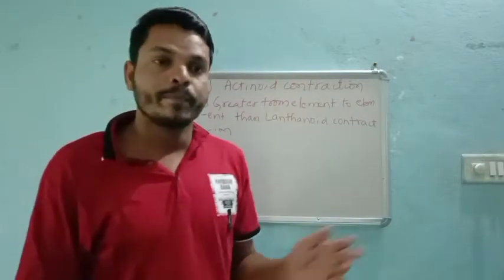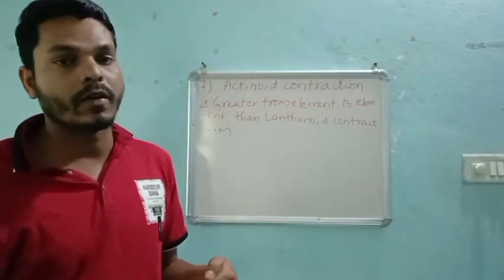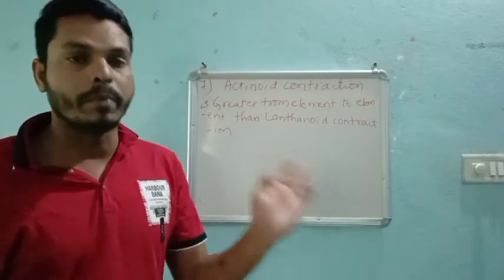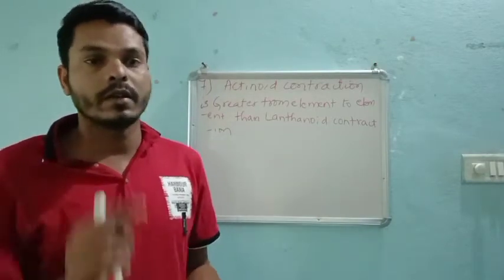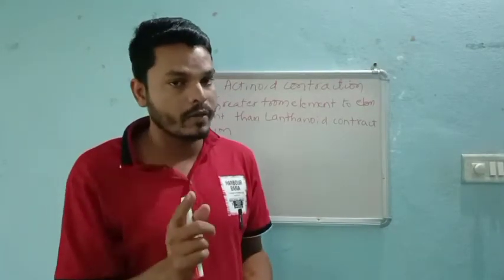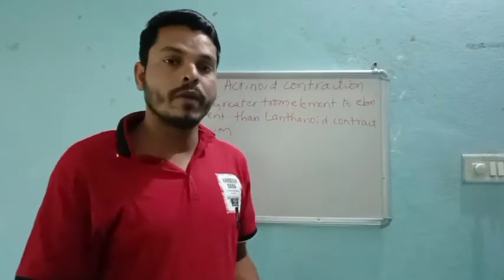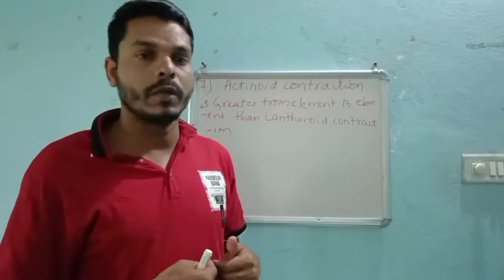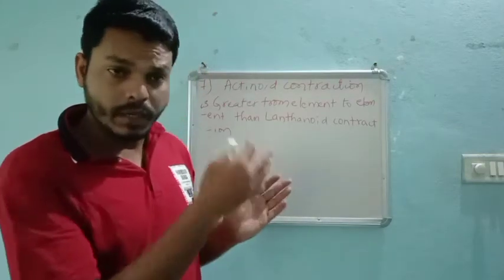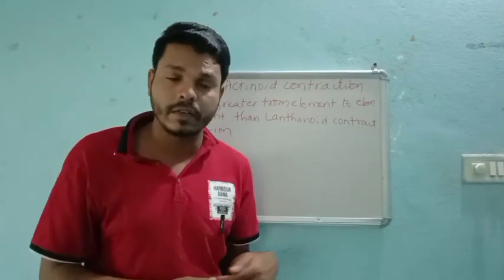Why? Because the inner shell electrons will not be there for repulsion. I have already explained that an electron always faces two types of forces: one is the attractive force from the nucleus, and the other is the repulsive force from the inner shell electrons.